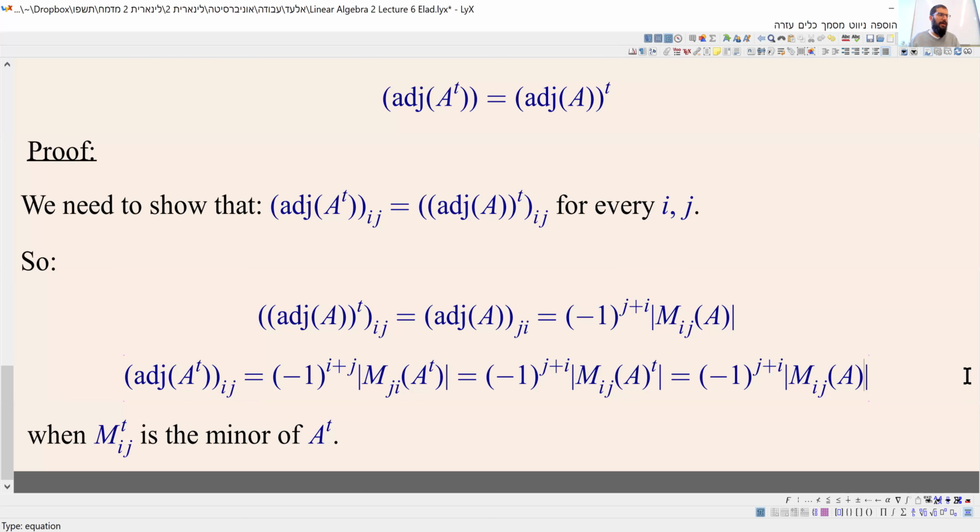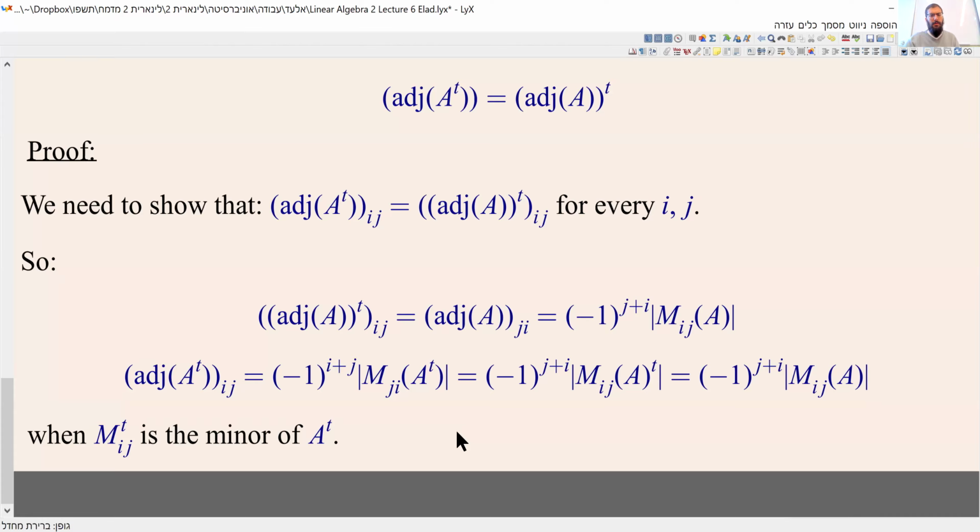The sign is determined by the sum of i and j. So it's ji or ij, it's still the same. It's i plus j. As far as I understood your question.